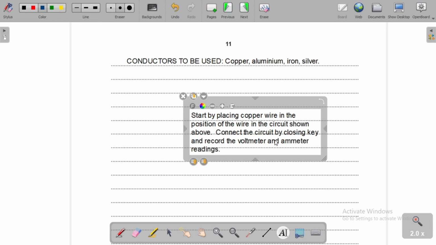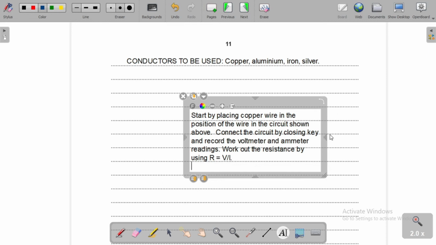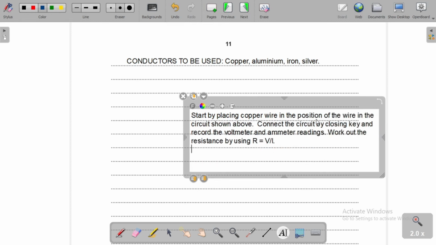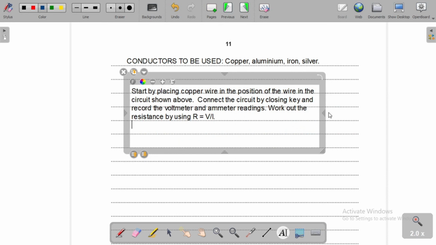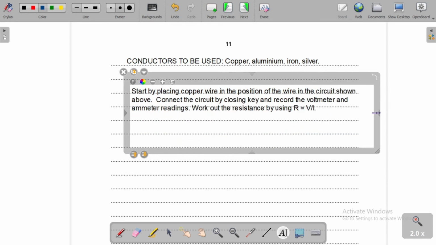After recording the voltmeter and ammeter readings, the next thing is work out the resistance by using R equals V divided by I. That's the formula we're given. So by explaining this, you have explained how you are going to do it.